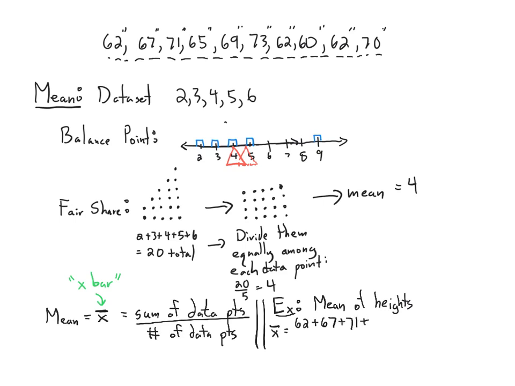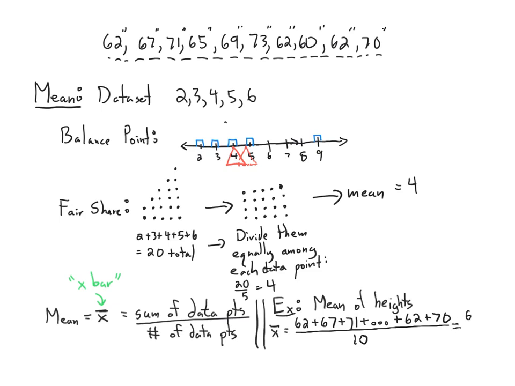And in the interest of space, I'm just going to put some dots here, but what I'm doing is adding up all 10 of these data points. And I'm going to divide by the number of data points. And I've counted, and there are 10 data points.